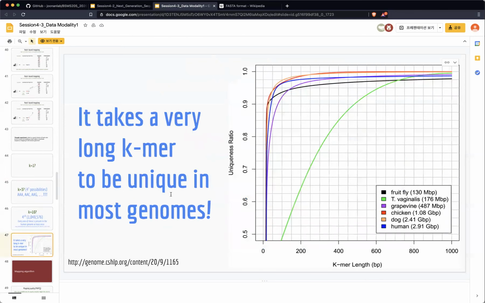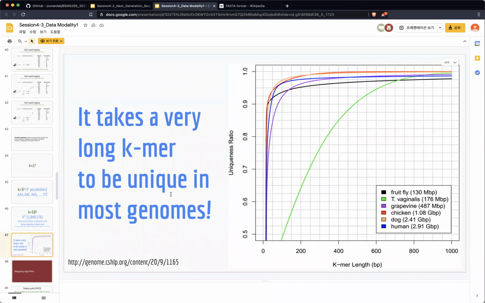So a long k-mer is good because it gives you very unique information for the mapping. So if you use a longer and longer k-mer, it's definitely easy to map your reads to the reference genome, right? Because it gives you the unique combinations that you can easily track down the positions of the reads, right?